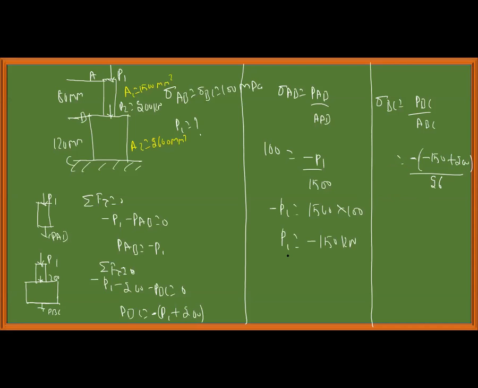We have found that P1 is equal to minus 150 kilonewton, right? We'll substitute P1 is equal to minus 150 kilonewton and find sigma BC, by 2600. Tell me what is sigma BC.